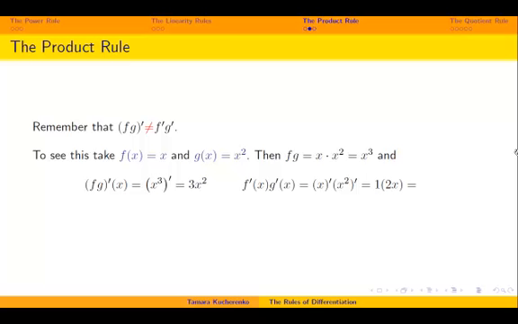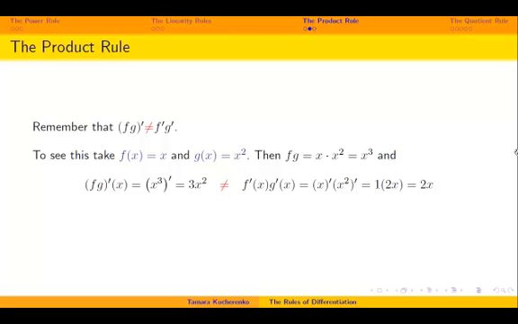So this equals 1 times 2x, which equals 2x. Obviously, 3x squared does not equal 2x. To find the derivative of the product, always use the product rule.